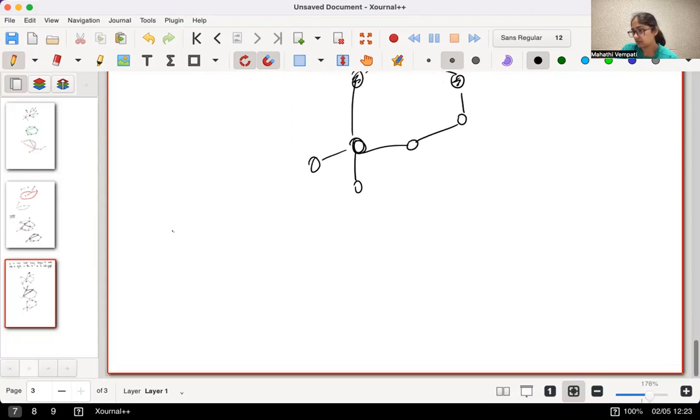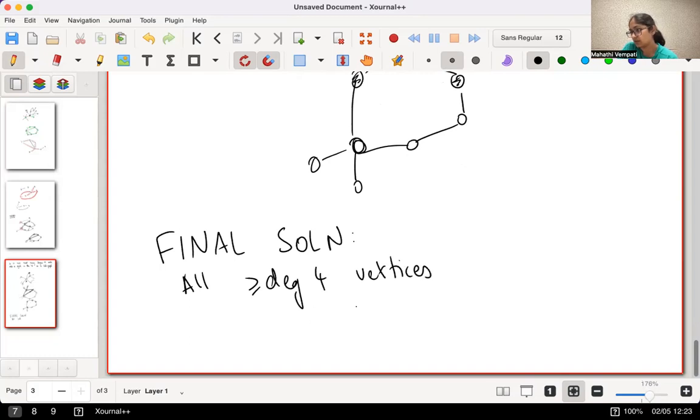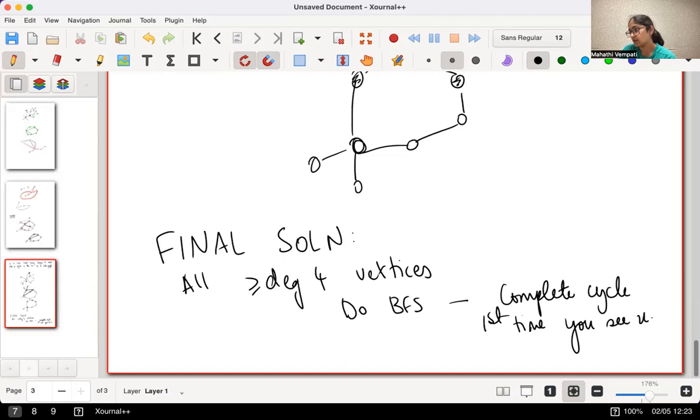So I just need to do a, okay, so my final solution is: for all vertices of degree greater than or equal to 4, do BFS, complete the cycle the first time you see U, and take any two neighbors plus any two neighbors not equal to first and last.